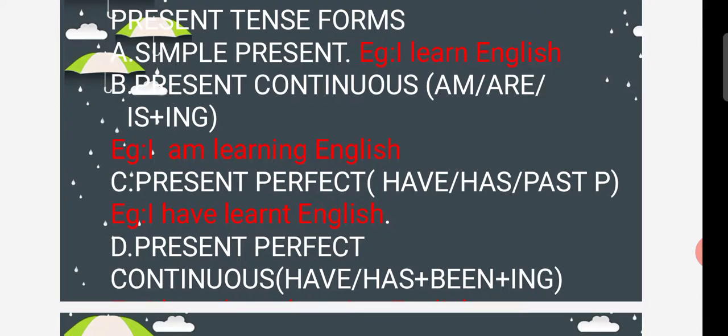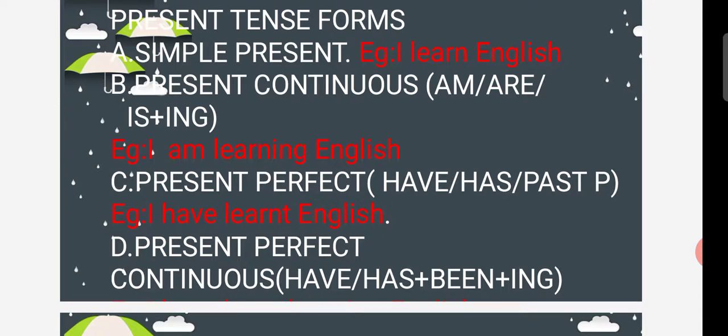Now let us see present continuous tense. So you all should keep in mind that when you hear about continuous tense, ing is a must. There should be a helping verb and ing. So present continuous means am, are, is plus ing. If I say I, you have to use am. I am learning English.